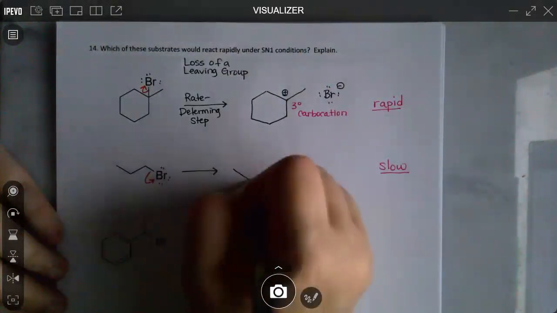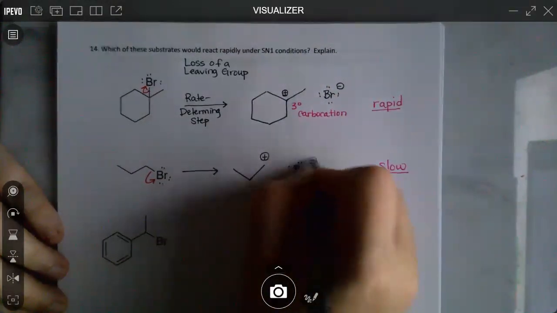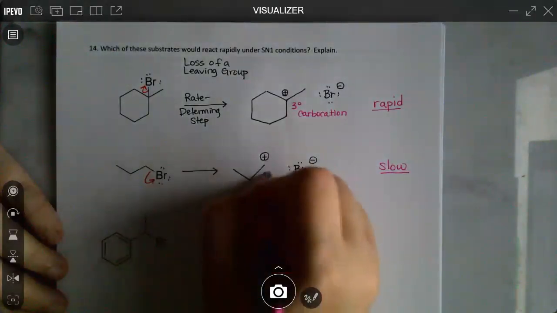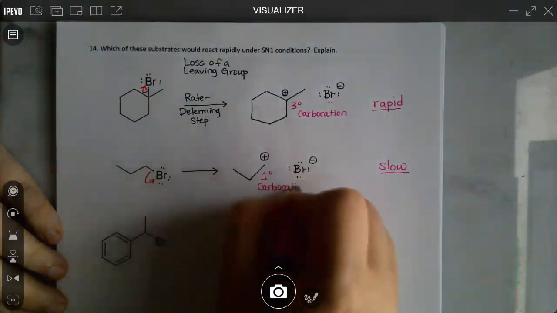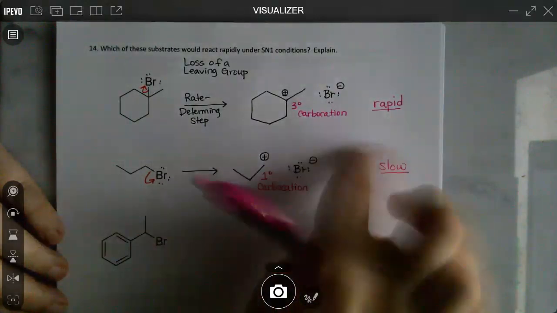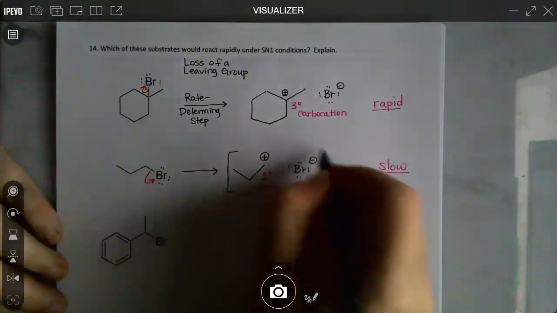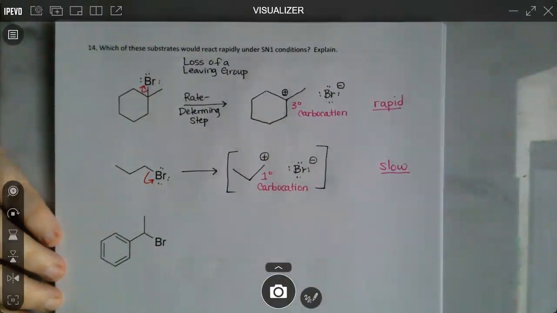We have a primary carbocation and bromide, right? So a primary carbocation will form very, very slowly. So I'm even going to put brackets around this because this is sort of theoretical. This would actually not happen very efficiently in solution.